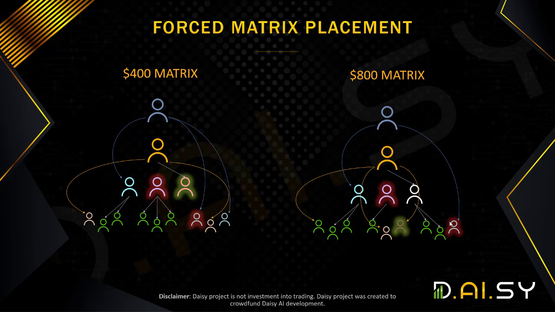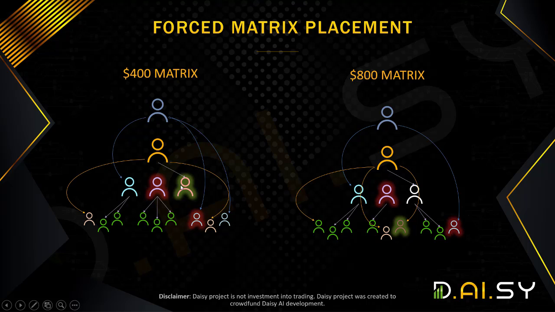Now it could work out that he would still fall underneath this person, but just for an example, it could be that he doesn't, because this person joined the $800 matrix a bit late. He didn't fall into the first row. He fell into the second row, and so now this strong leader is underneath somebody else in the $800 matrix.